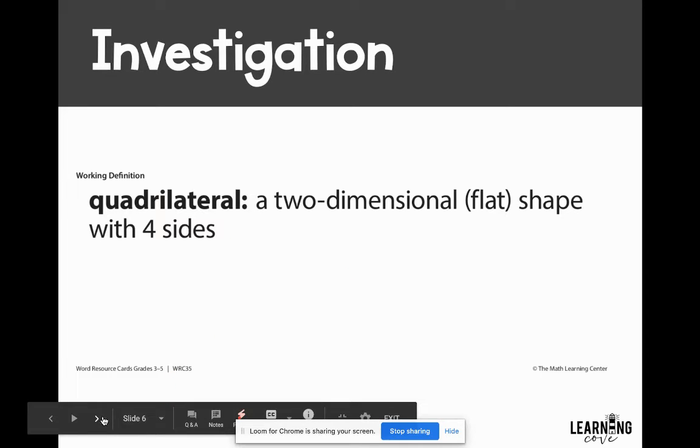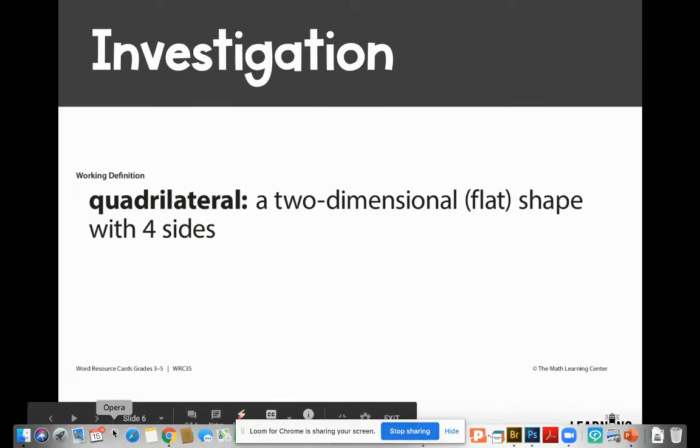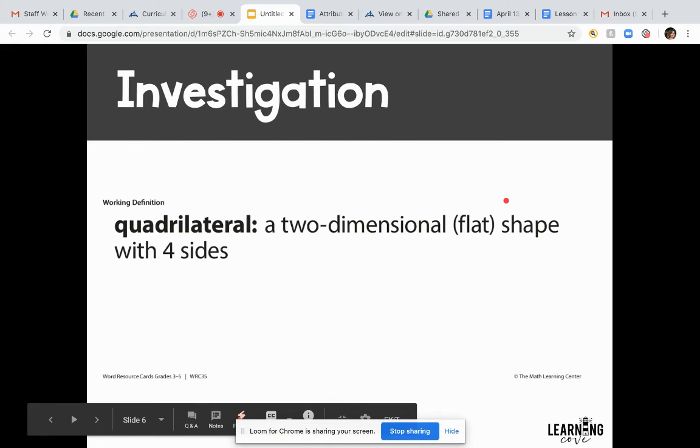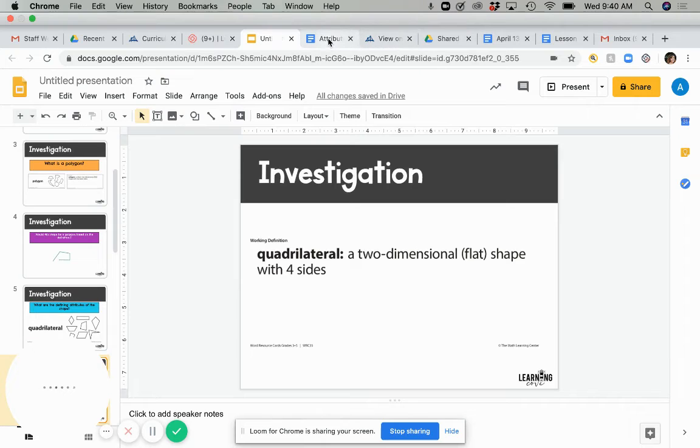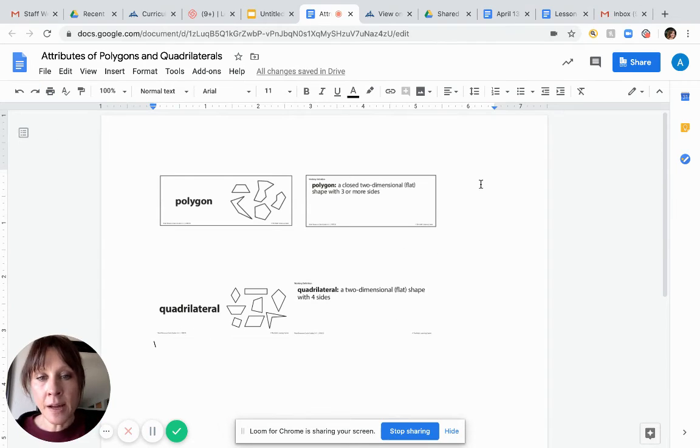Now what we're going to do is take a look at something I have on the website for you. I put on the website those cards that we were just looking at. I'm hoping that if you feel confused when you go through today's worksheet, you will pull this up and take a look at it.